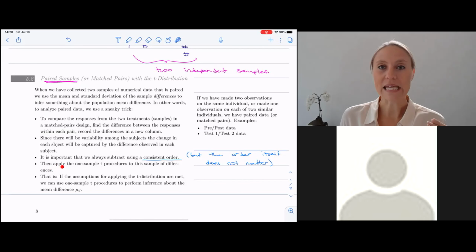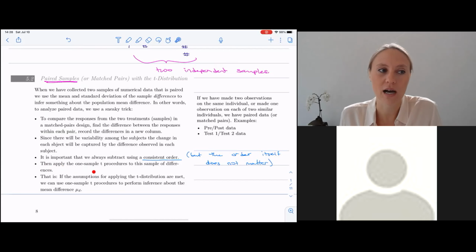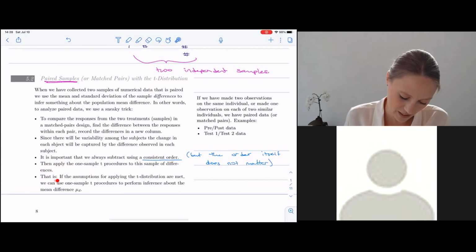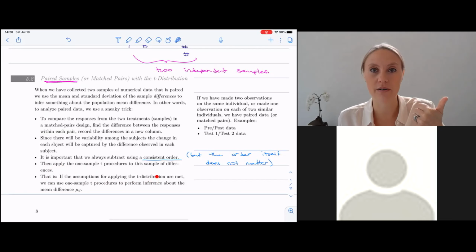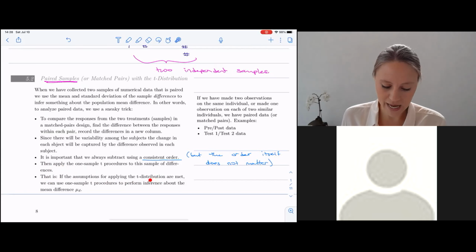So what's neat is that once you've reduced it to one sample, right, then you apply the one sample t procedures to the sample of differences. So that is if the assumptions for applying the t distribution are met, things like is each observation, so is each individual in your sample, are they independent of each other, right? And what else? Do the differences follow a normal distribution?